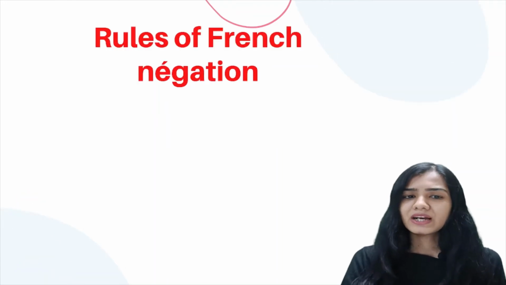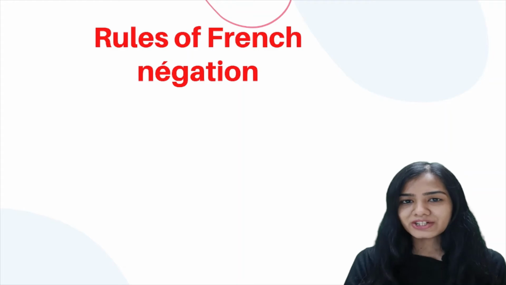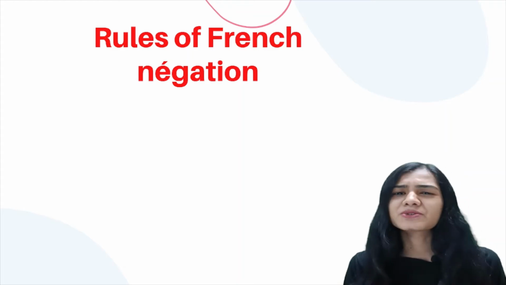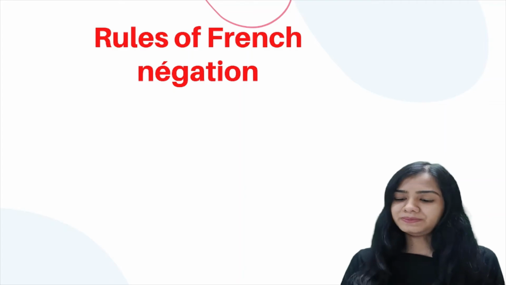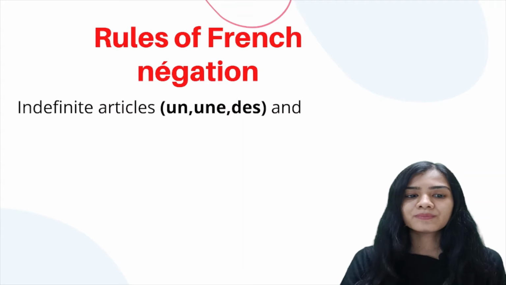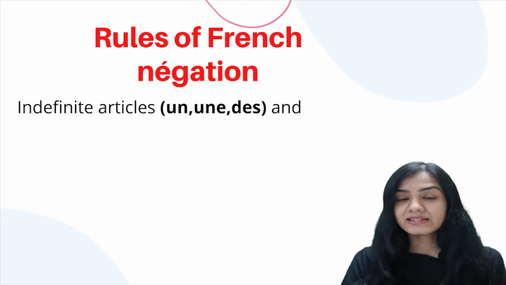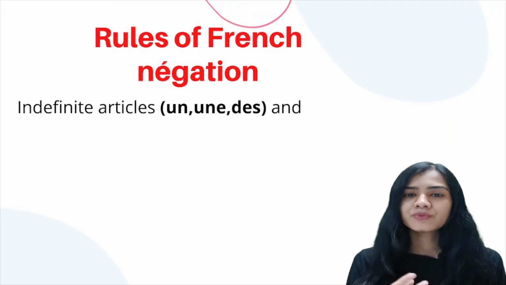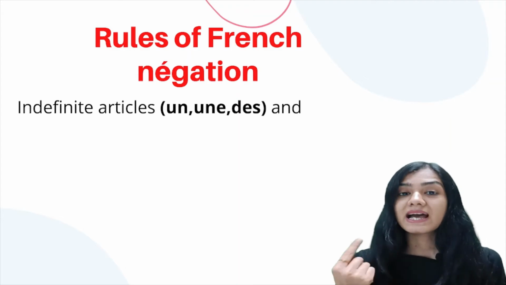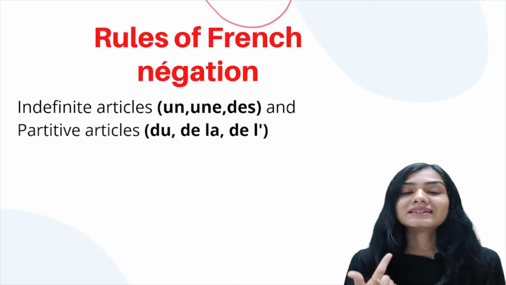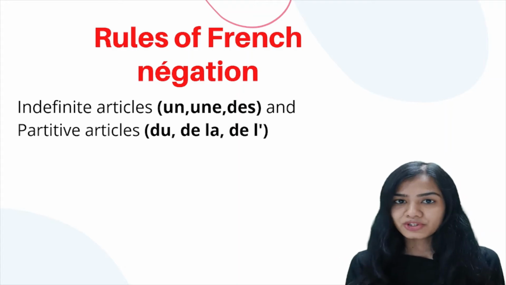Alright. Now coming to the rules of French negation. Of course, French will be really incomplete without exceptions or a few difficult rules. So in the case of negation, the rule is about indefinite articles, un and des, and partitive articles: du, de la, de l'.